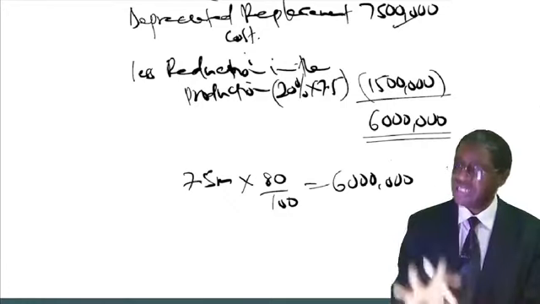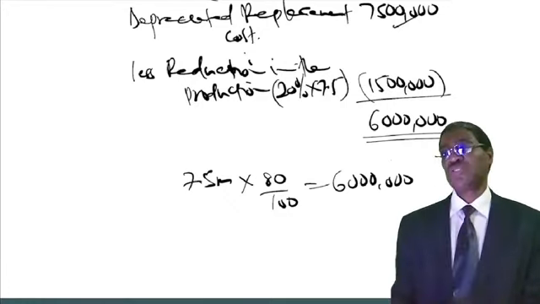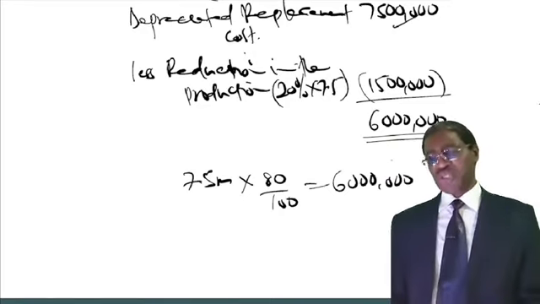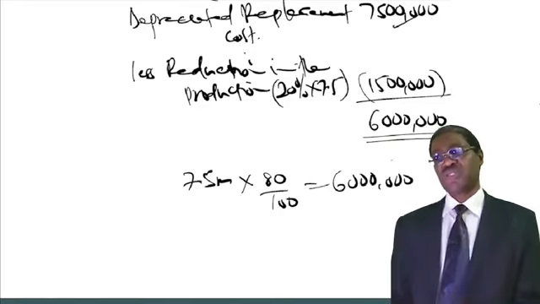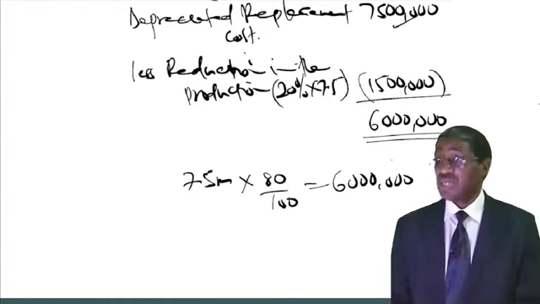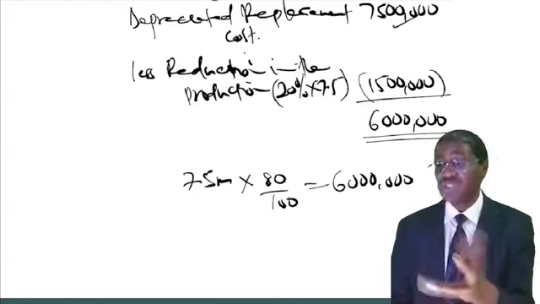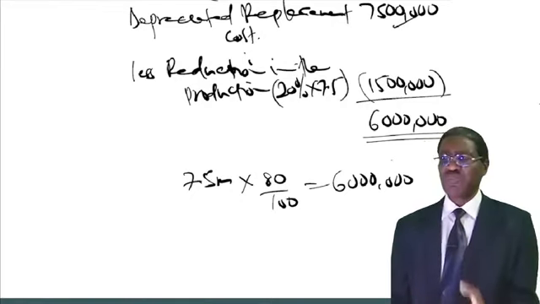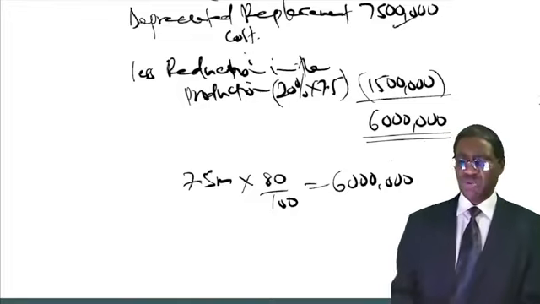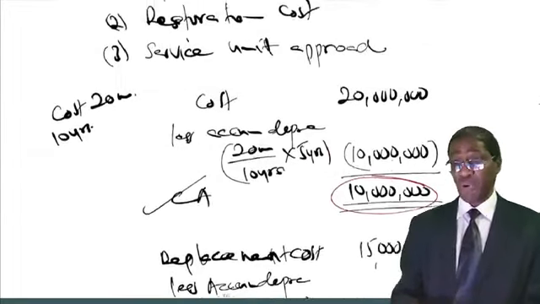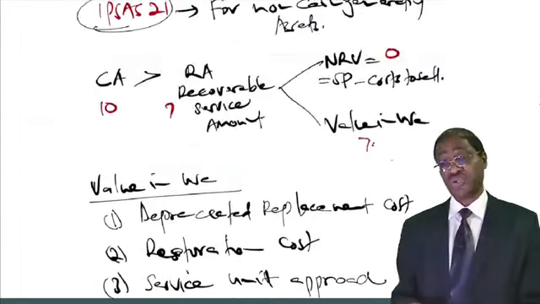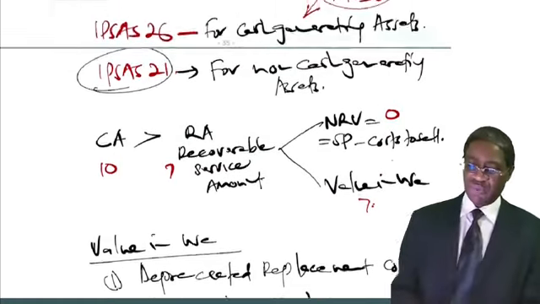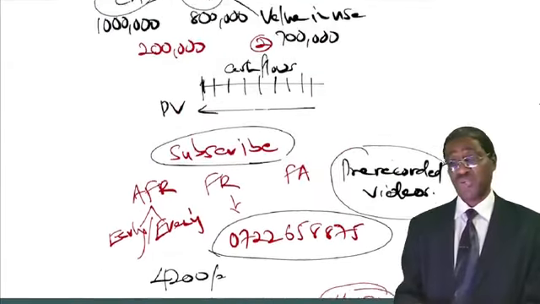Good. Those are the three methods of computing the value in use for these public sector assets that cannot generate their own cash flows. Good. So I think we can put down summary notes now, before we do a question from your past papers. Let's put down summary notes of what we have already said.